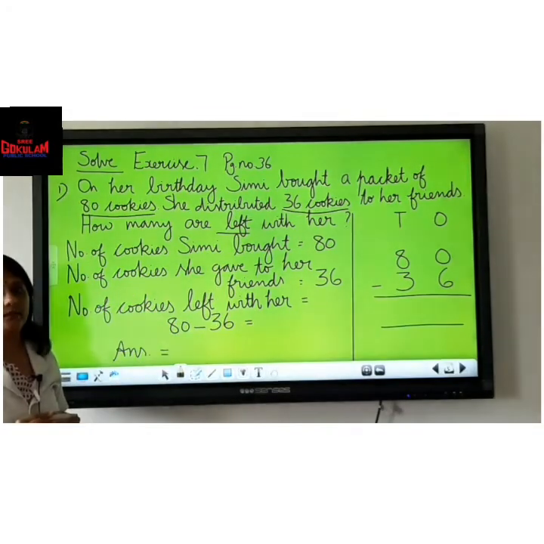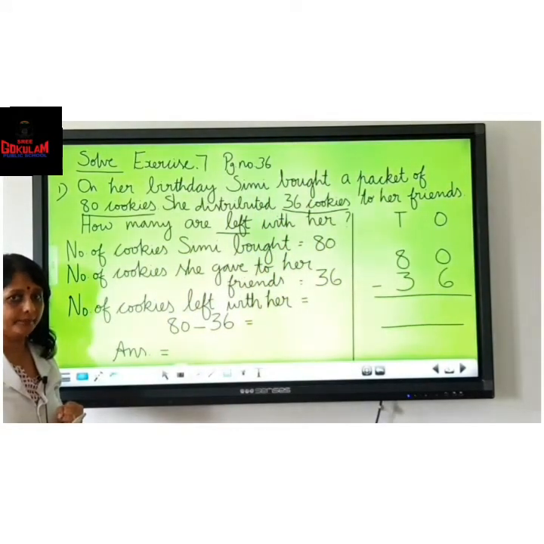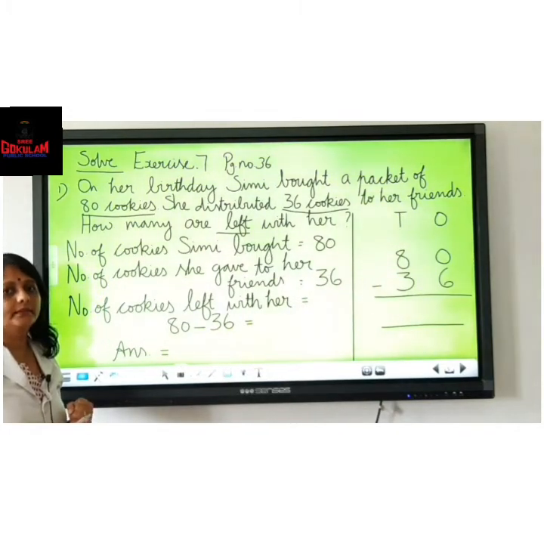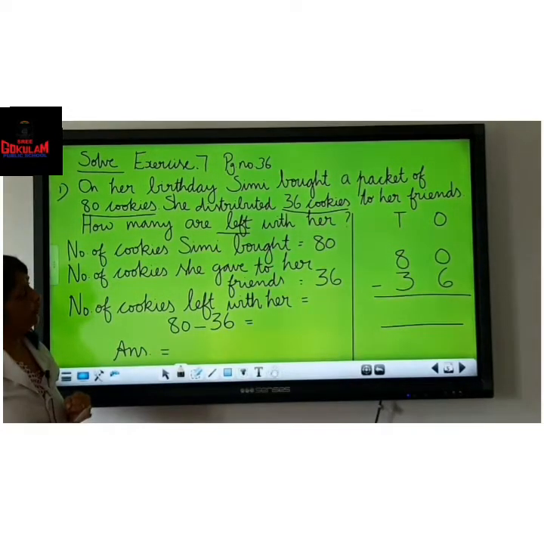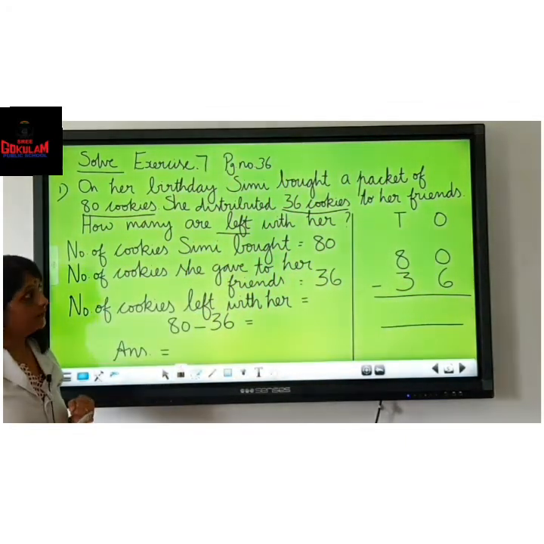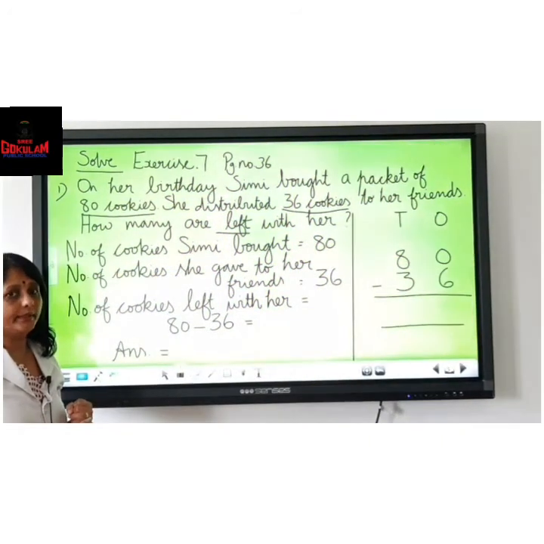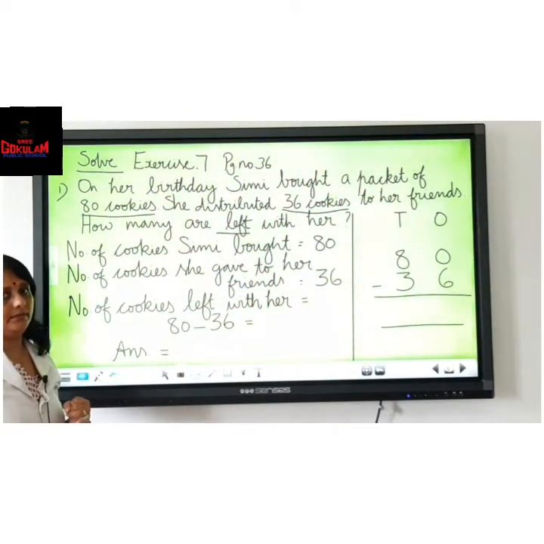This is the question. Simi bought a packet of cookies. In that packet there were 80 cookies. From that 80 cookies she gave 36 to her friends. The question is, how many cookies are left?